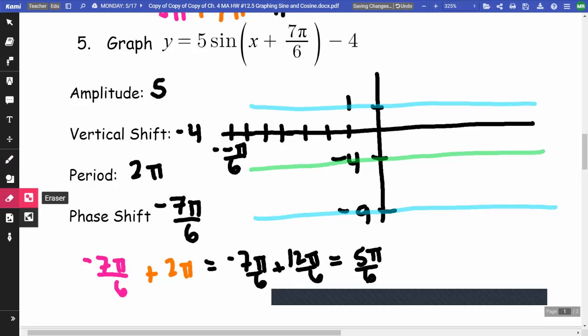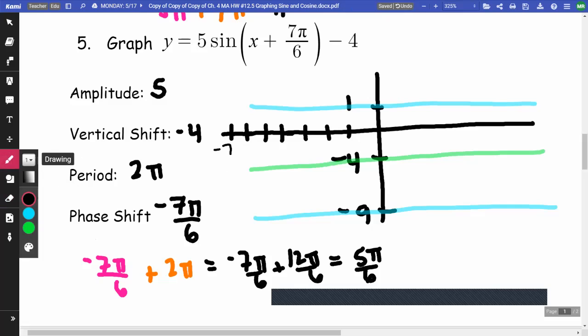Let me make that a little smaller. Let's write that whole thing smaller. Okay, so -7 pi over 6. And then I'm going to go 1, 2, 3, 4, 5, and that's going to be a +5 pi over 6.